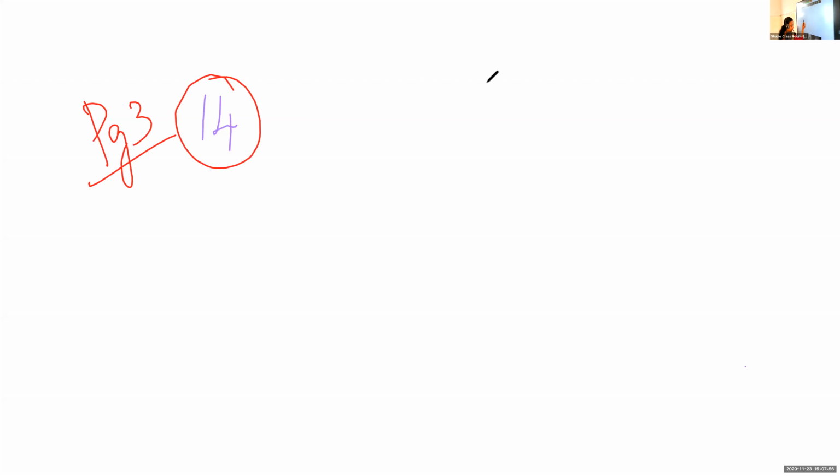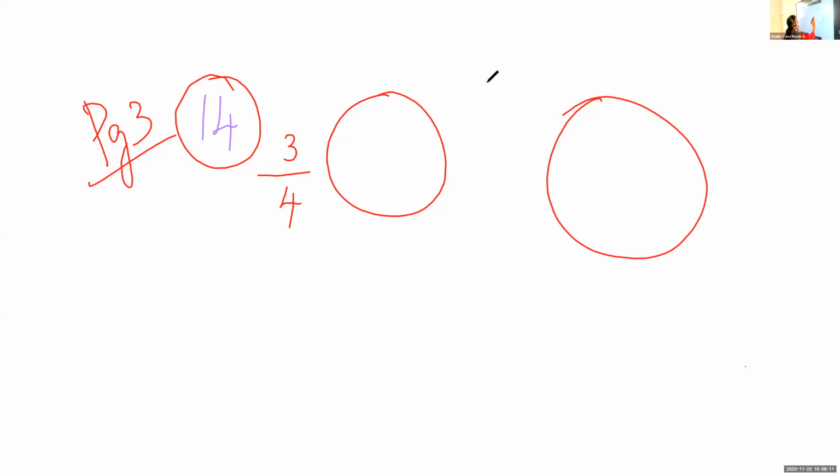First question, you have to draw the circle. If the circle is given, what do you have to do? 3 by 4 and 6 by 8. Same circles. Here it is a little bigger.